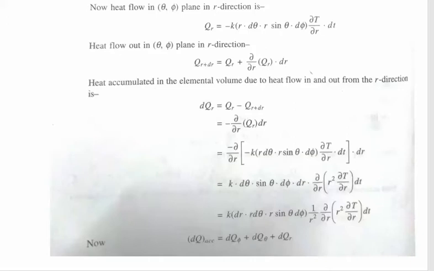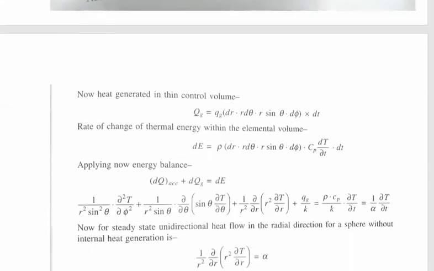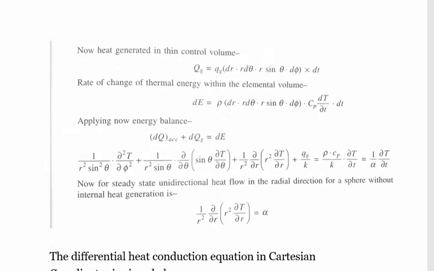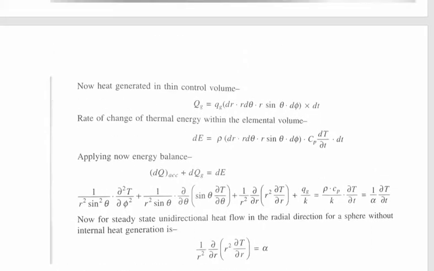Now this is the equation for the r direction. For the accumulated heat flow, we have seen the change of heat in the direction of phi, theta and r. For the complete resultant, we will add all the equations, simplify, and combine them into one.